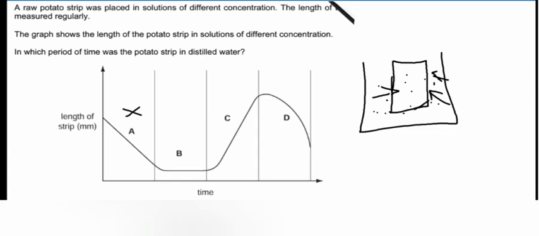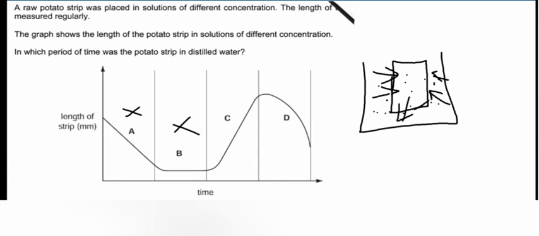Then when it comes to B, it is showing that the raw potato strip was placed in an isotonic solution. Meaning, the net movement of water was entering and leaving the cell. So it was in an equilibrium state. Meaning B is not going to be the answer.